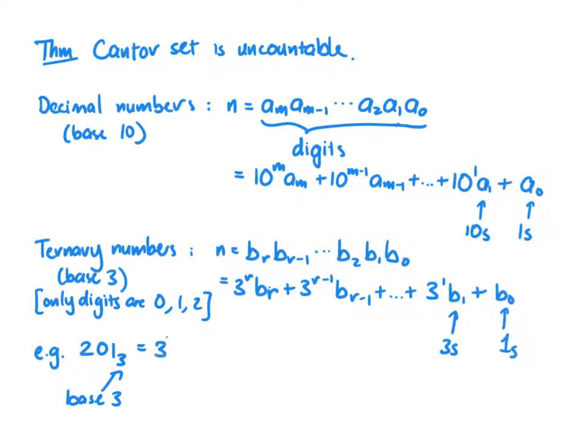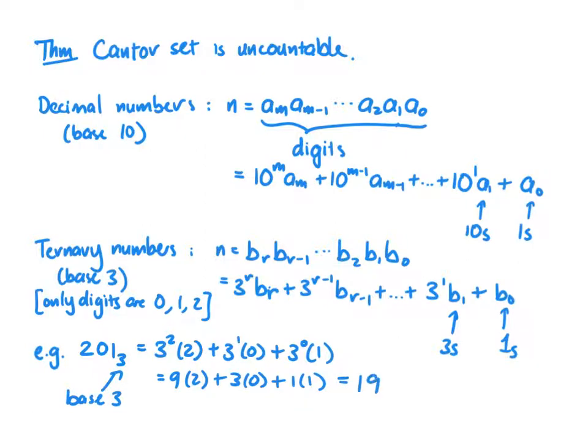So that's 3 squared times 2 plus 3 to the 1 times 0 plus 3 to the 0 times 1. Okay, so we're looking at 9 times 2 plus 3 times 0 plus 1 times 1. So this is the number 19 written in base 3. It's 201. Okay, so that's how base 3 works. And now let's talk about decimals, and then that'll bring us to the Cantor set.